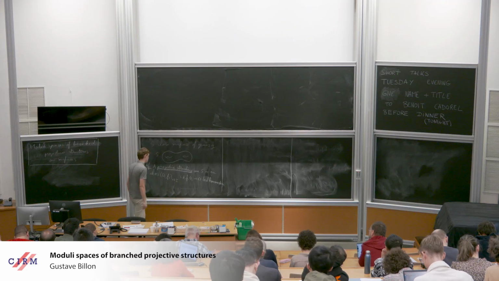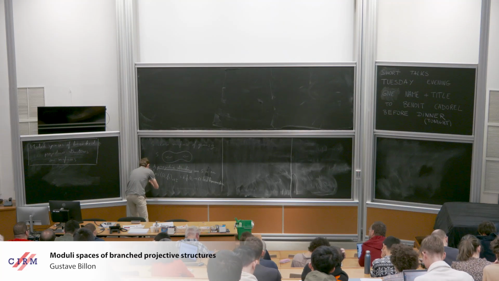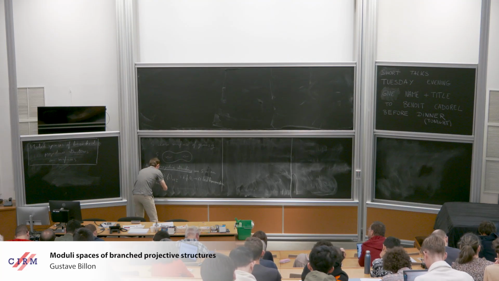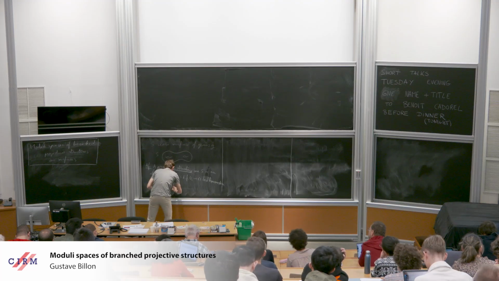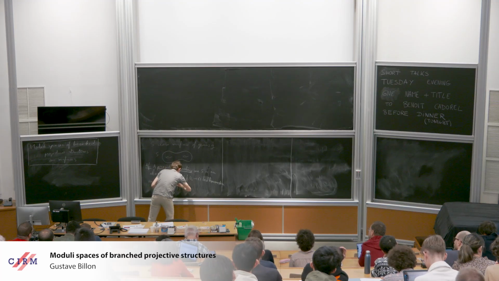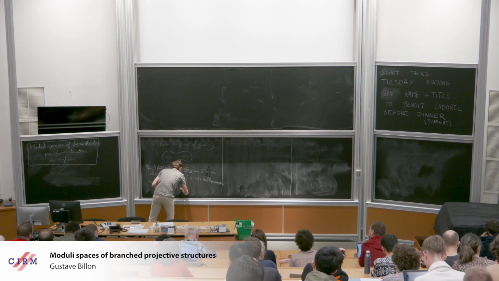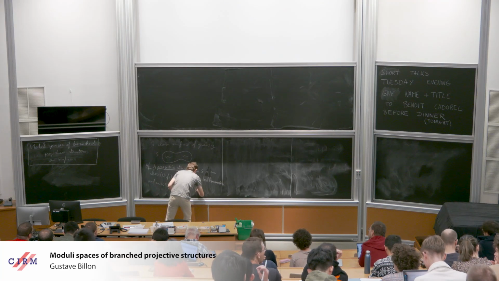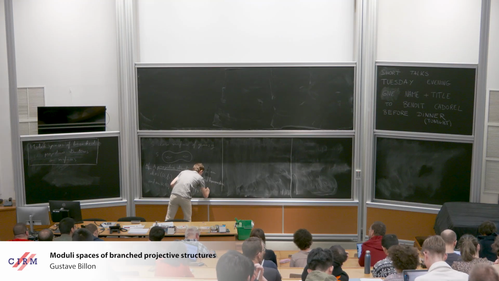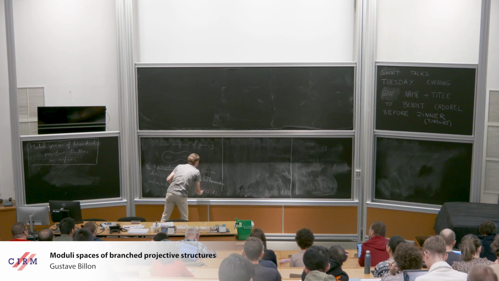And on the intersections, on U_i intersected U_j, f_i is f_j composed with a g_ij, and g_ij is an element of PSL2C, a projective transformation.